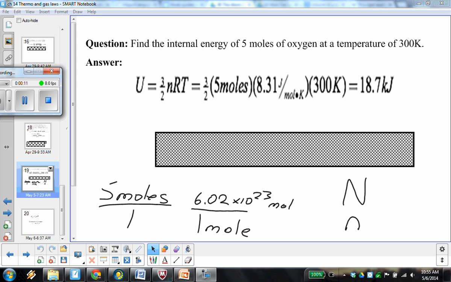So I had expressed that the internal energy is equal to 3/2 nRT, and there's another way of expressing that internal energy that I neglected. The equation is actually on the FRQ sheet, so I want to present that to you.